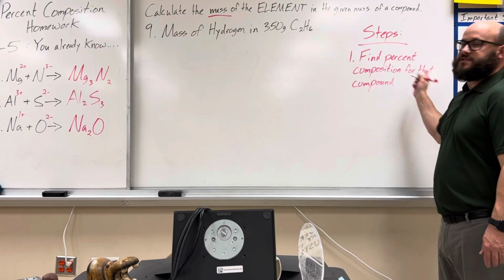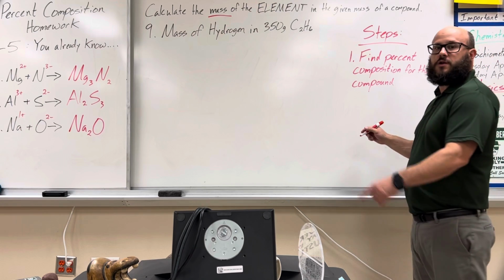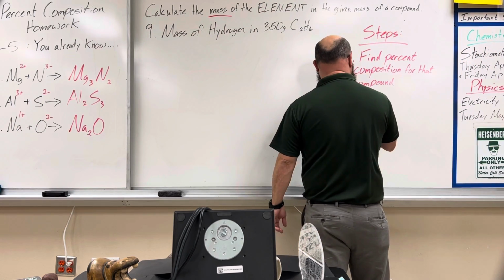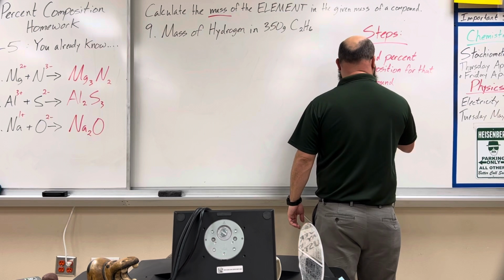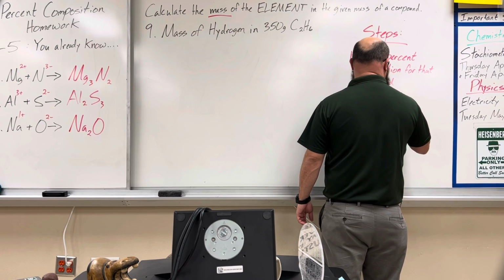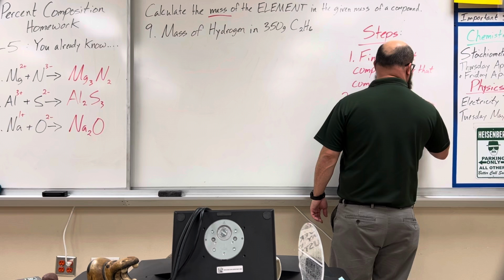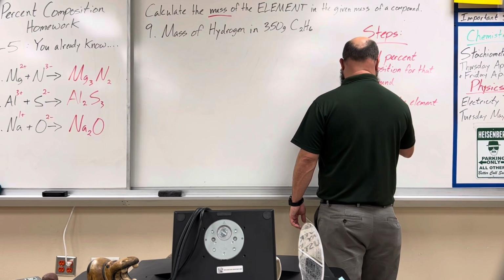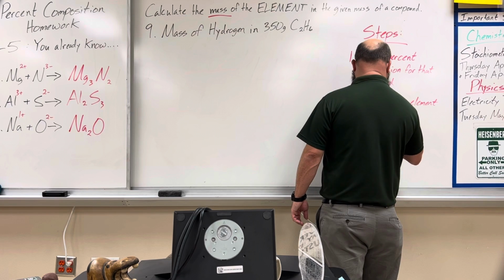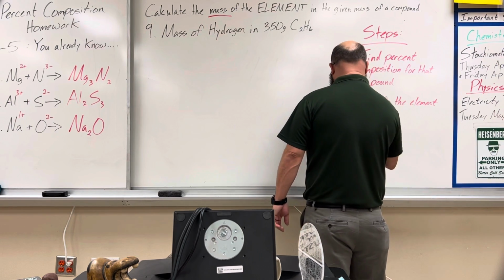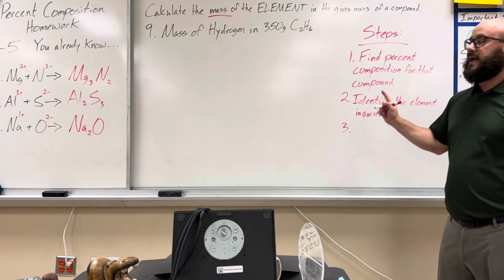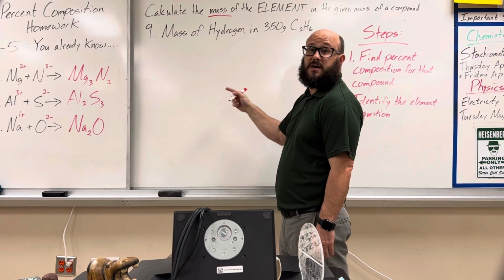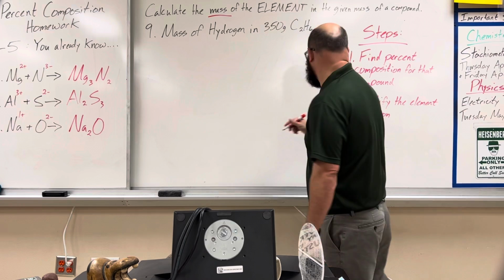After you found the percent composition, you want to look at what element they're referring to. So identify what element you're solving for. And then lastly, you want to multiply that element's percent composition by your total mass.